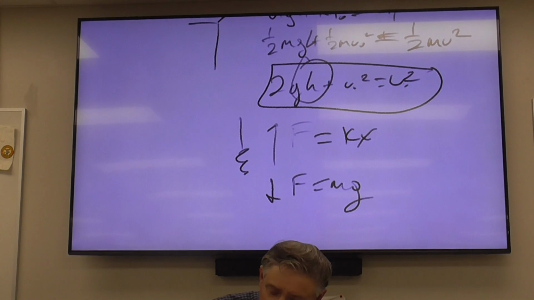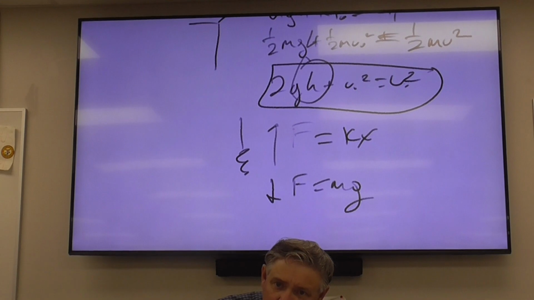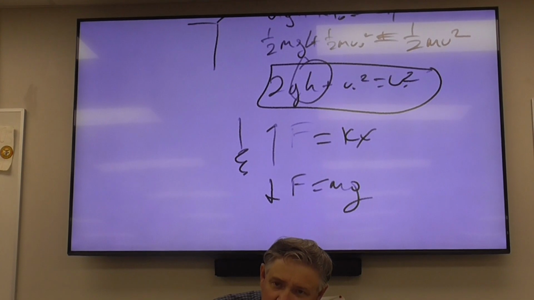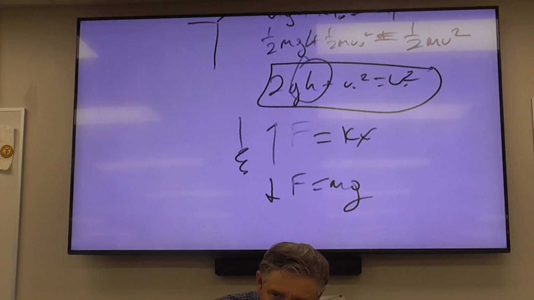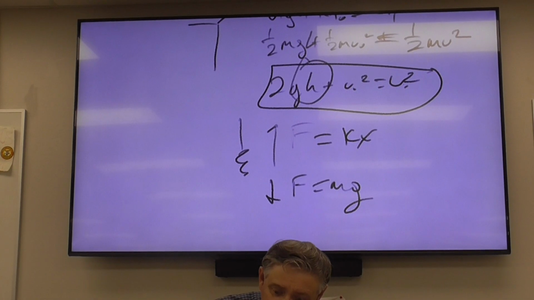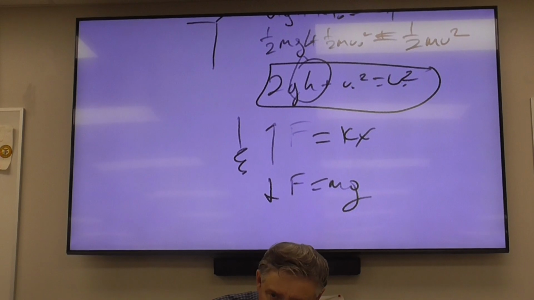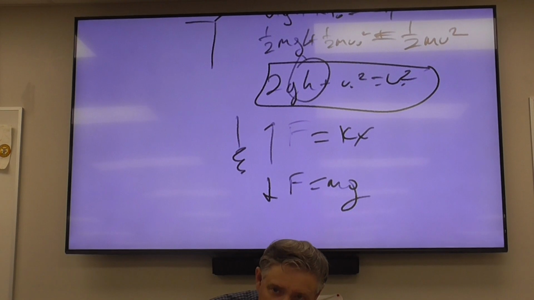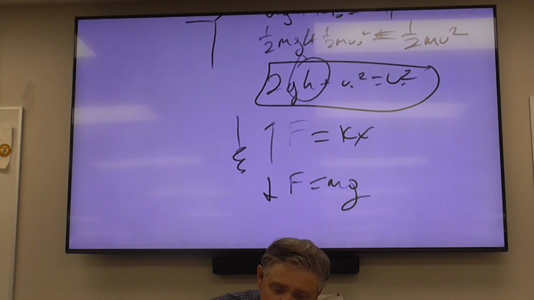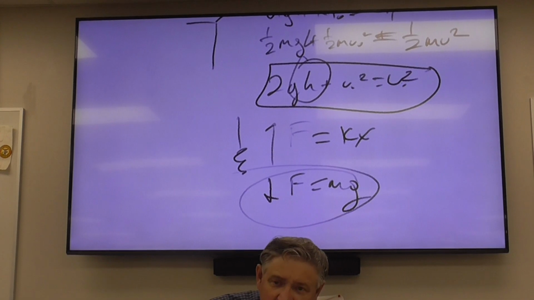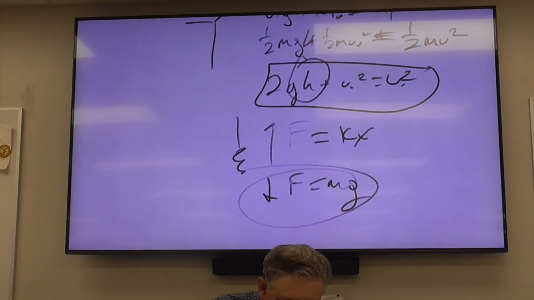The difference between those two is your net force. Which one has to be bigger? The force of the spring, so you don't hit the ground. Because if gravity is always bigger, you're never going to stop.